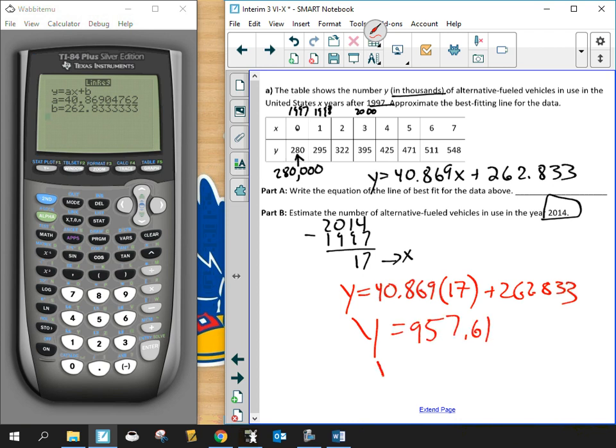But it's important to remember that that's really 957,610 vehicles.